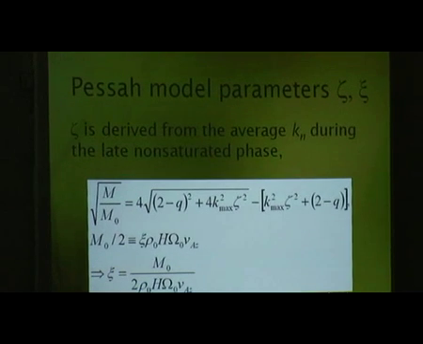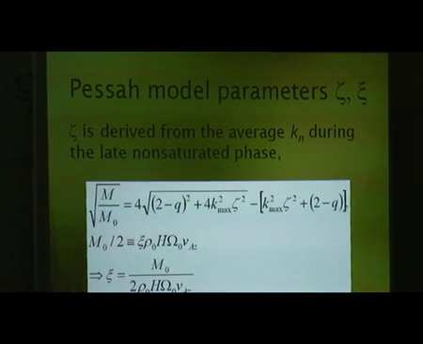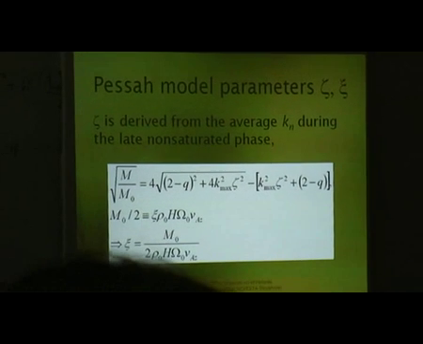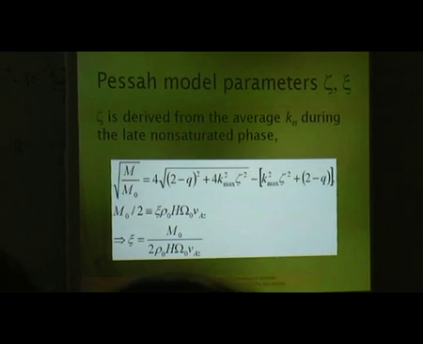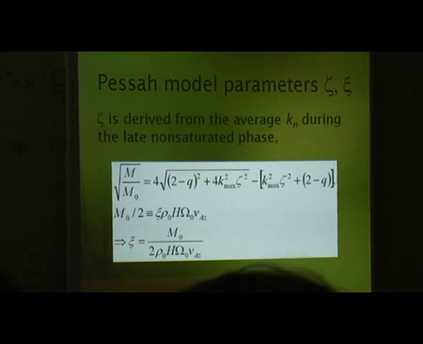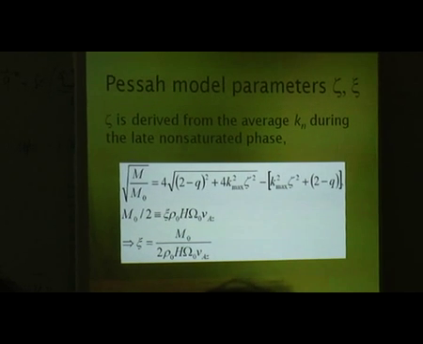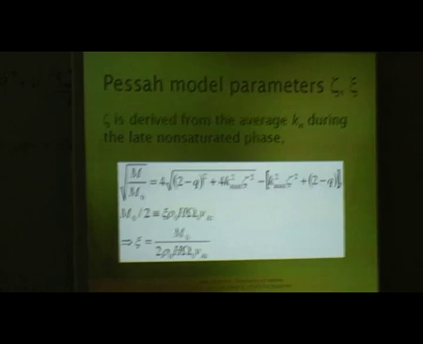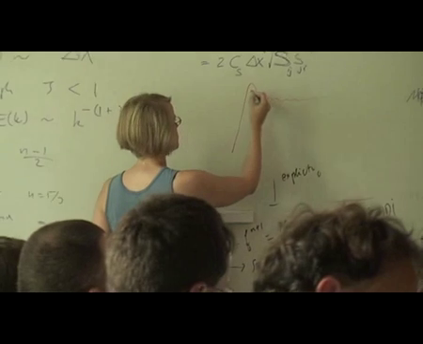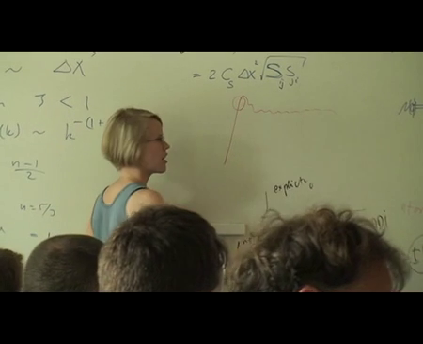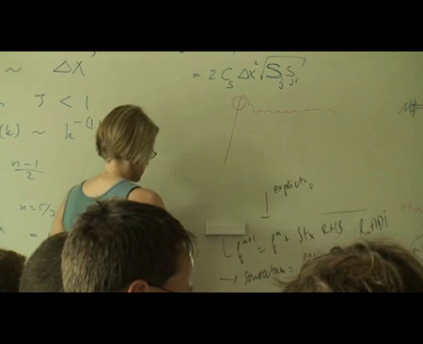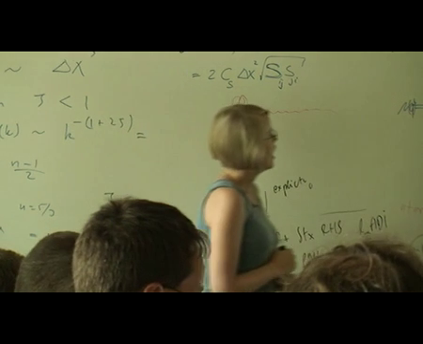Zeta is derived from the average wave numbers during the late non-saturated phase. So when we have turbulent energy growing and then it goes on, we're somewhere around here, I think. They are very non-specific about this in the paper. That's frustrating.